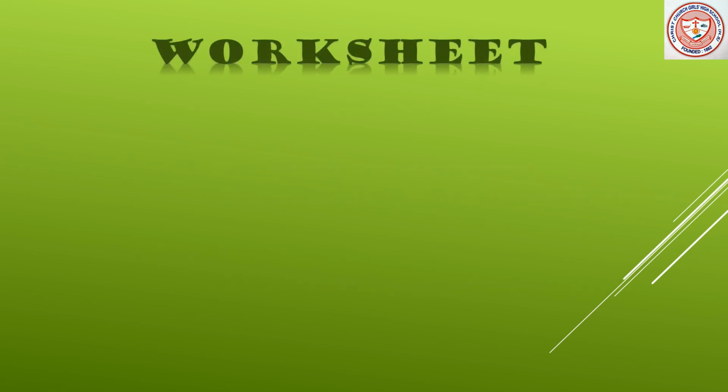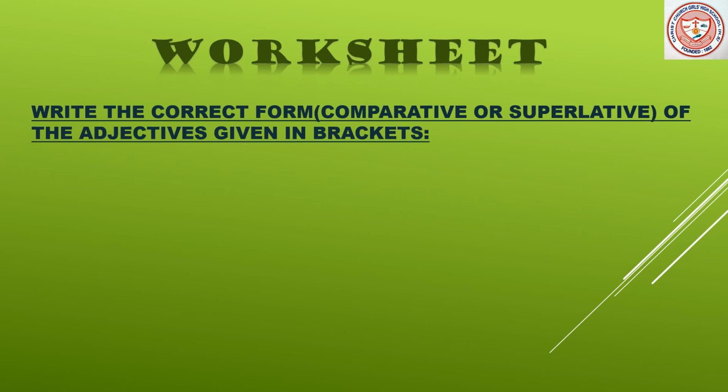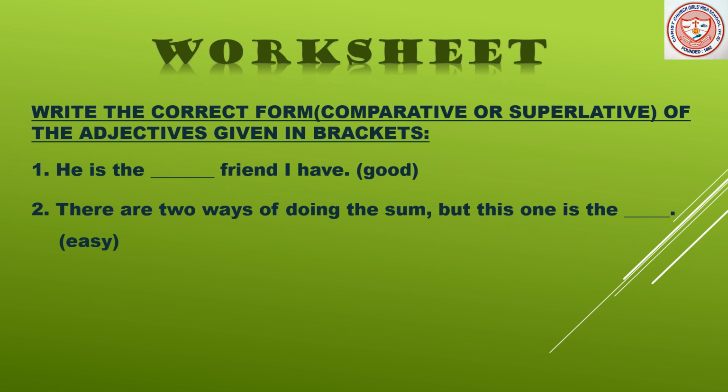Now, I will give you some homework from this chapter. This is your worksheet page. Follow the instruction. Write the correct form, comparative or superlative, of the adjectives given in brackets. Number 1. He is the dash friend I have. Within bracket, good. Number 2.